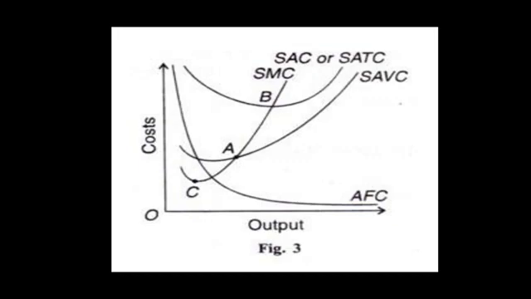Thus, to conclude, we can say that if average cost is falling, average cost is greater than marginal cost. If average cost is rising, average cost is less than marginal cost. And lastly, if average cost is constant, average cost is equal to marginal cost.